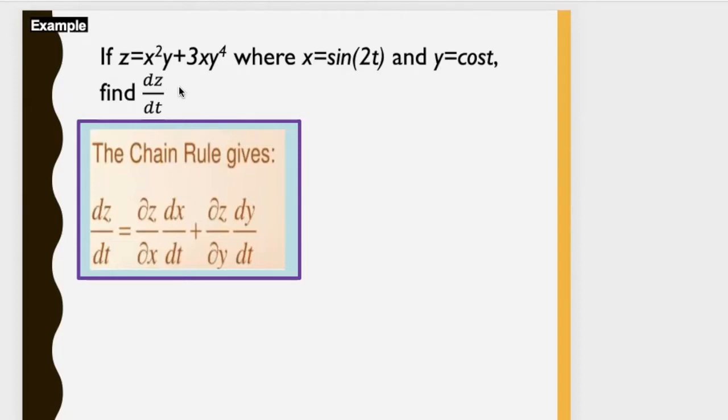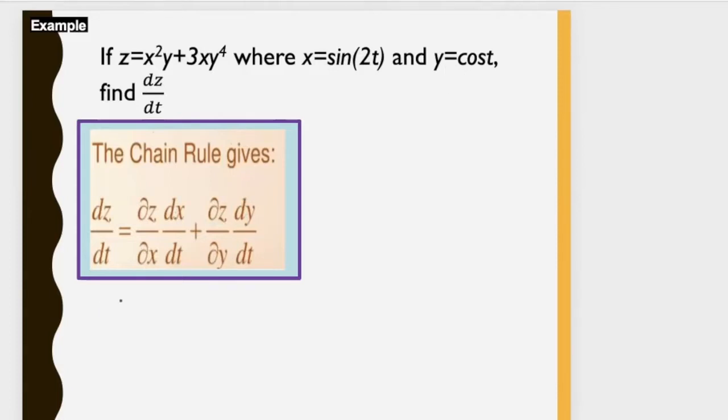Now, here I need to find the derivative with respect to t for z, applying the chain rule where I will differentiate z with respect to x, which is a partial derivative of z with respect to x, and I will differentiate x with respect to t, and I will also have plus the partial derivative of z with respect to y, and then I differentiate y with respect to t.